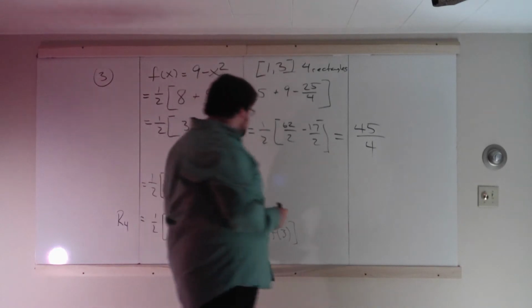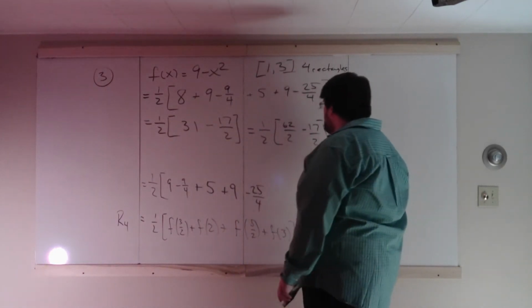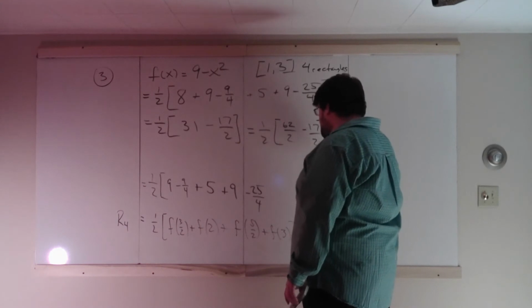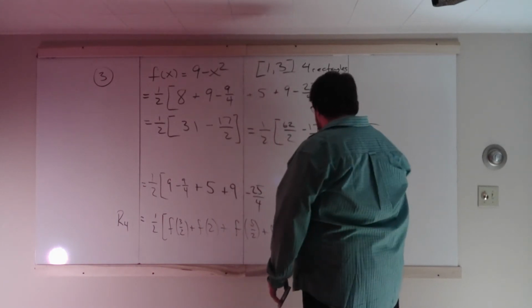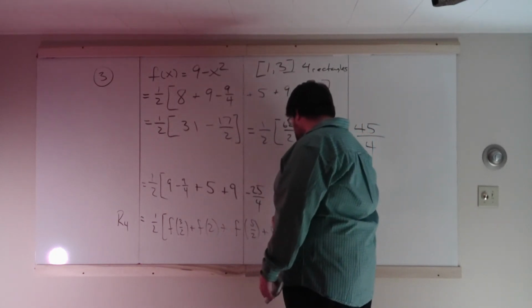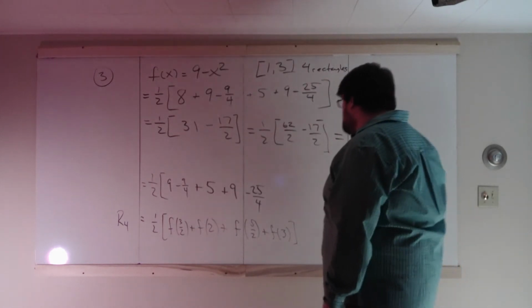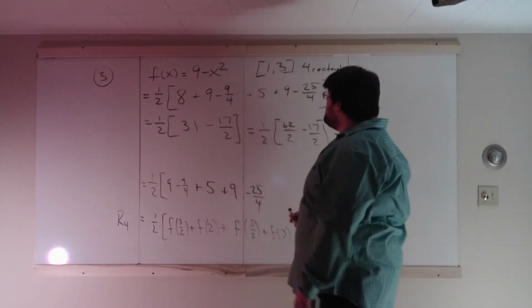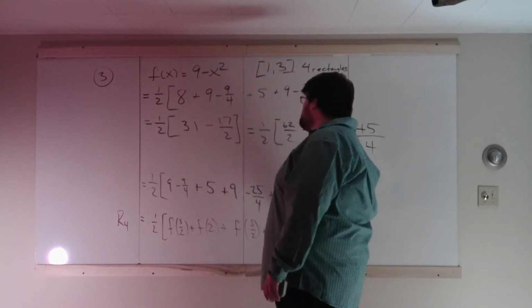And they could just as easily be negative. 9 and negative 25/4. That sounds perfectly fine. Or actually, they don't want an improper fraction for that. So it would be 3 and negative 1/4, or 2 and 3/4. Not 3 and negative 1/4. I like that more. Where was I? I got sidetracked. F of 5/2 is there. F of 3, well, f of 3 is convenient because it's just 9 minus 9, which is 0.